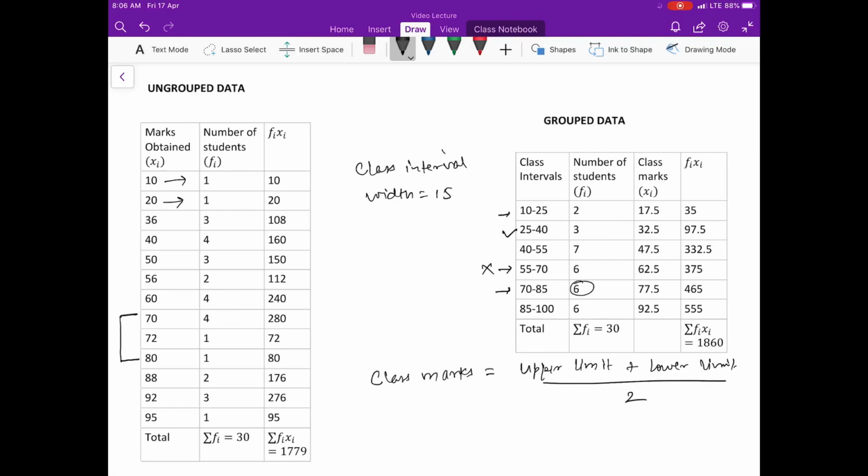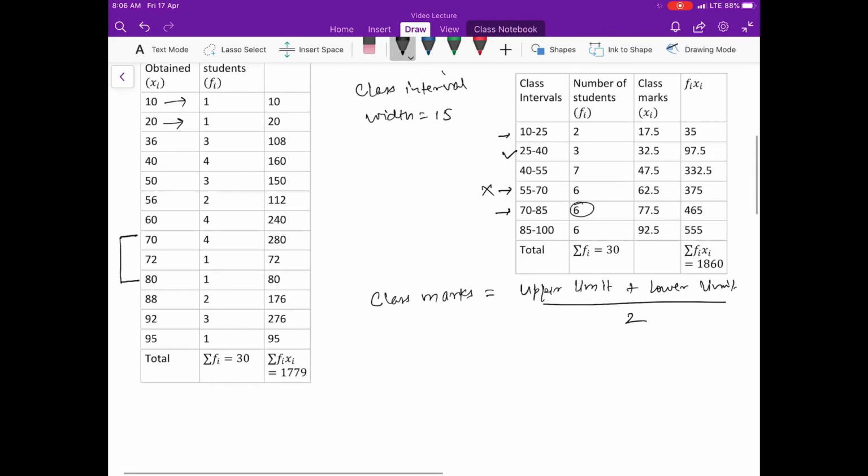Here the upper limit is 25, the lower limit is 10, so 10 plus 25 is 35, 35 by 2 is 17.5. Similarly, for each class interval you have a class mark, and that class mark acts as xi.